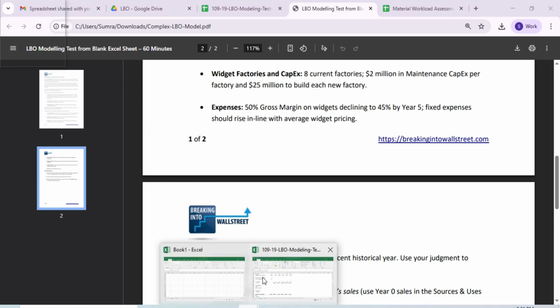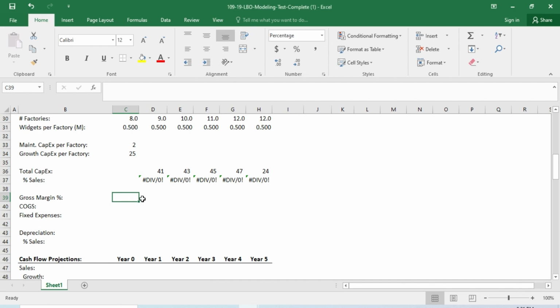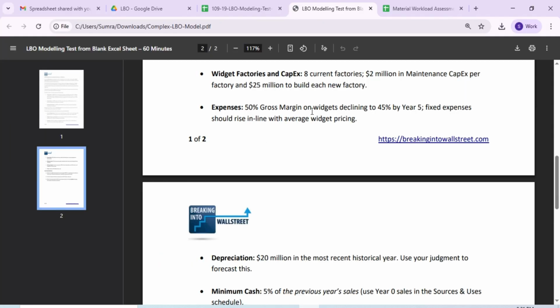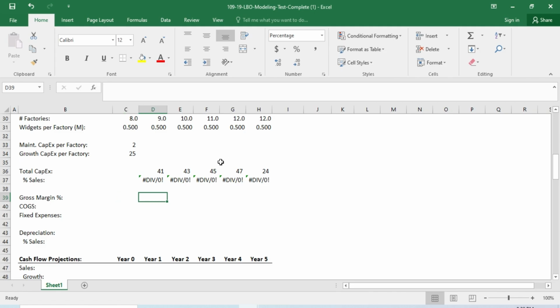So 50% gross margin. So we will just minus 1% every year.